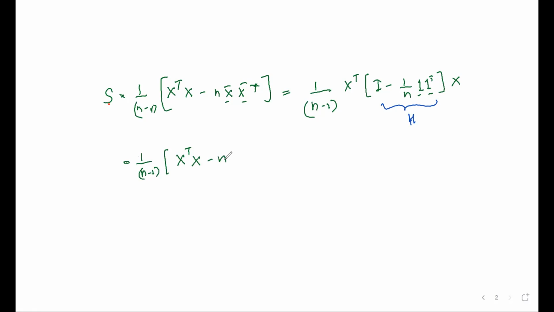So earlier we showed that x bar equals 1 over n x transpose 1.